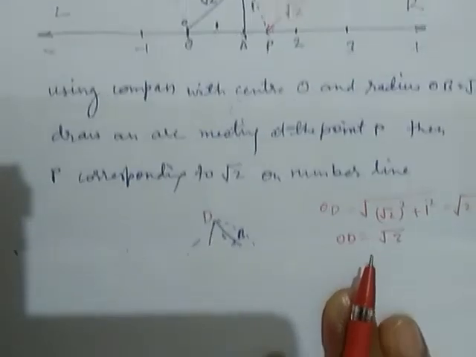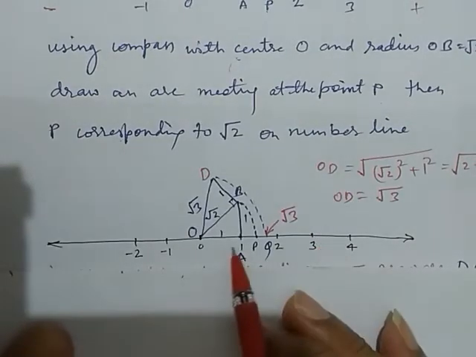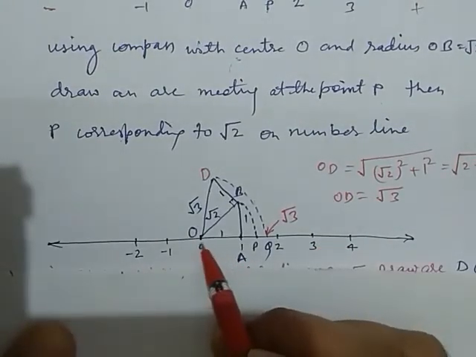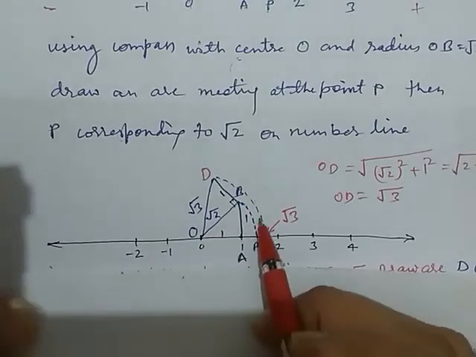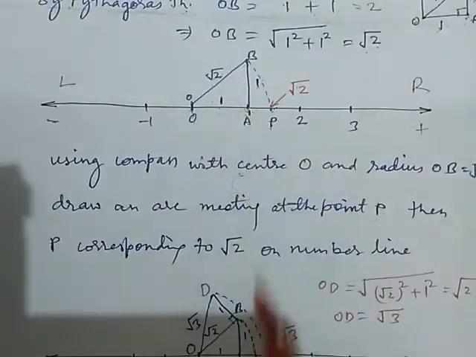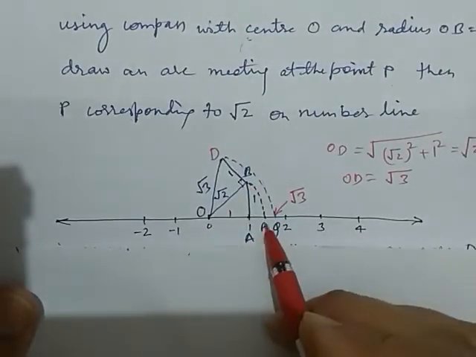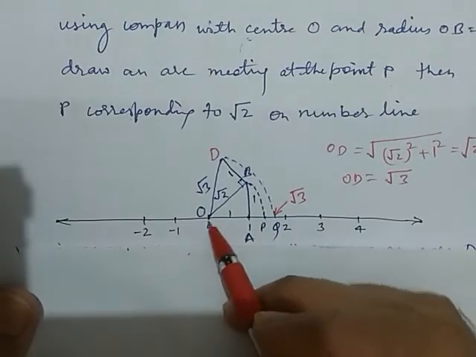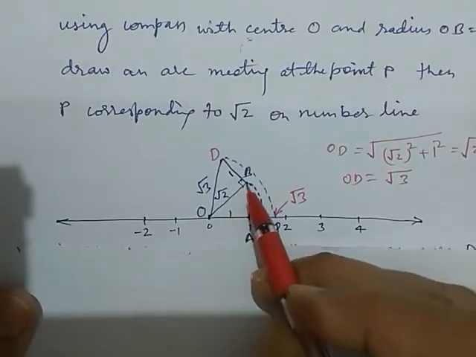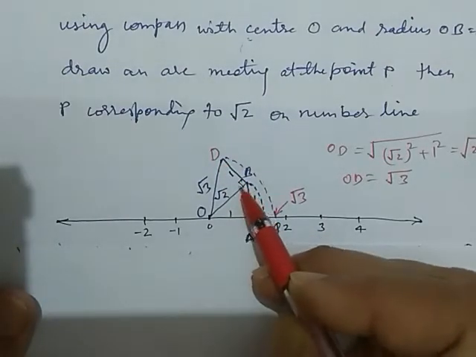Now we take one more example. Here is our number line. As we plotted root 2 here, we already have root 2, which is represented by this point P. Now at this root 2 we draw 1 unit perpendicular to it.